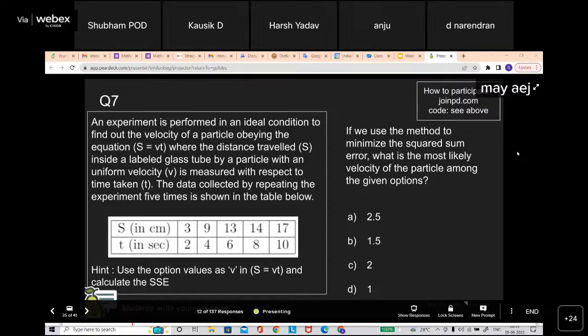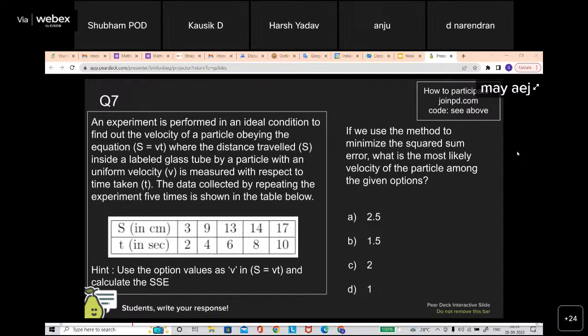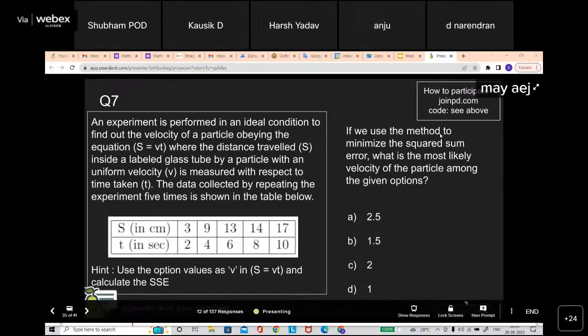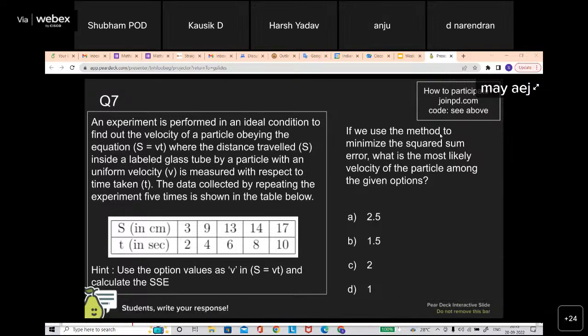Okay, let's wait 2 more minutes. Do we have a general query or a particular activity? A particular query, the tutorial, sir. Week 2 tutorial 1.